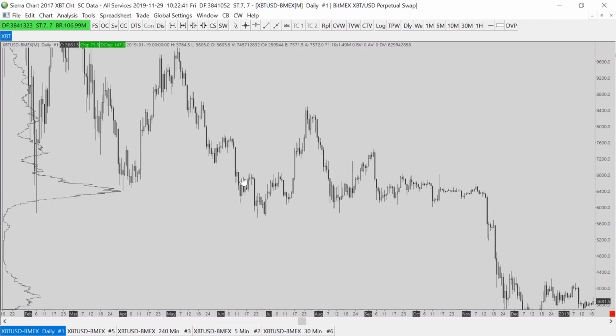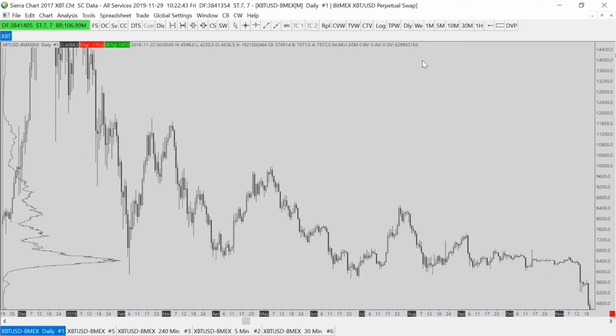Okay, is that clear? So I often get questions about where you start looking at the profile from, and the answer is it doesn't really matter too much, as a result of the fact that these levels tend to remain quite constant.